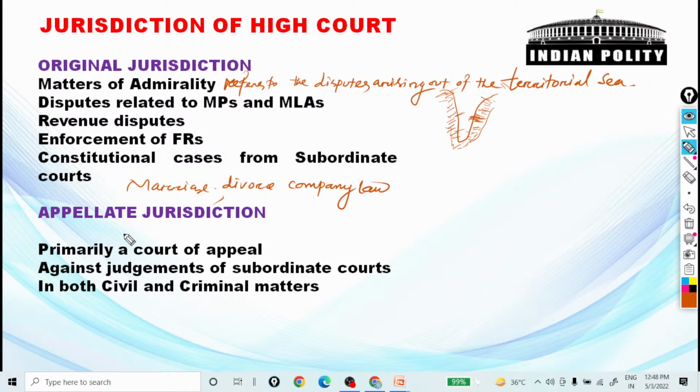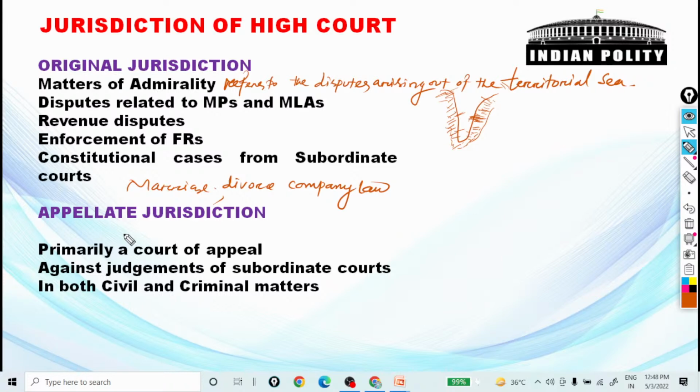So you have seen that the High Court has lots of original jurisdiction, but this jurisdiction is confined within the territorial limit of the state concerned. It doesn't have extraterritorial jurisdiction.